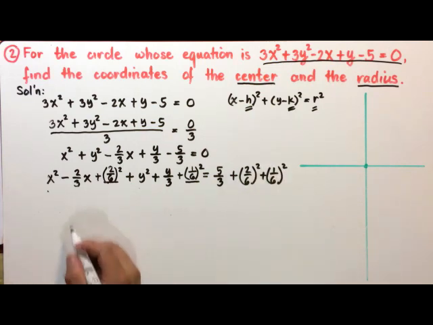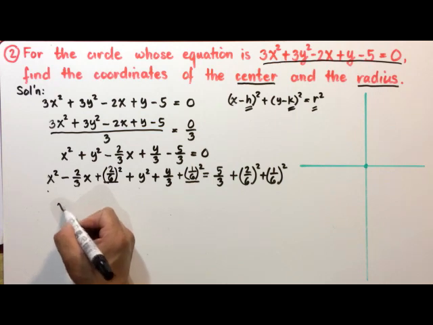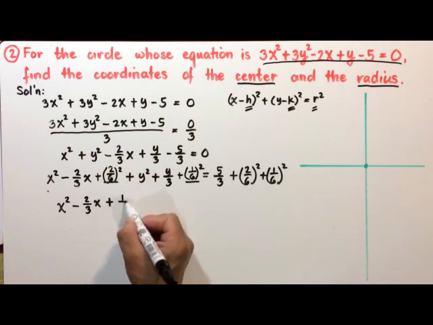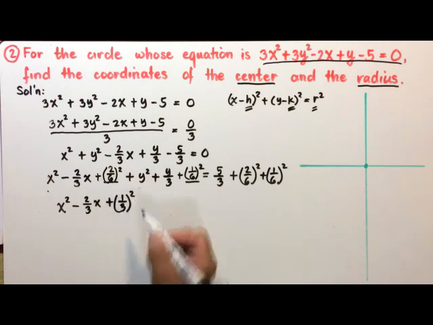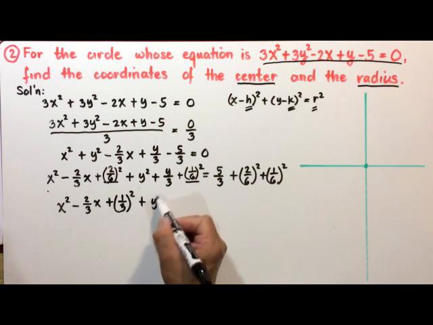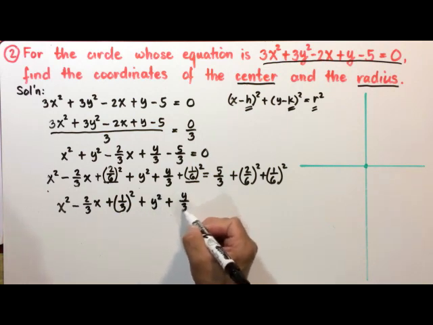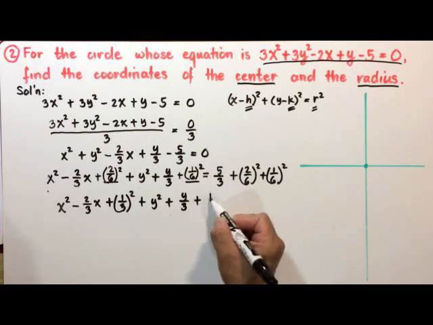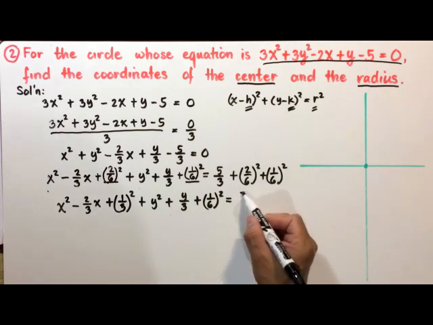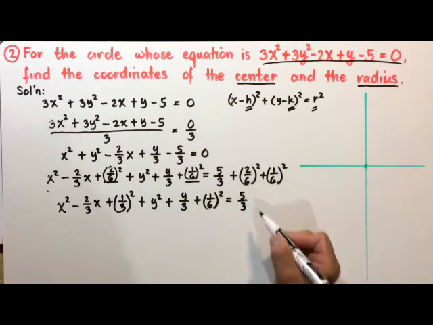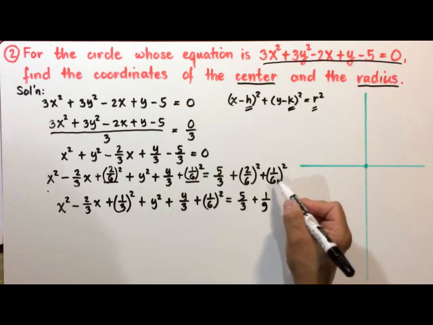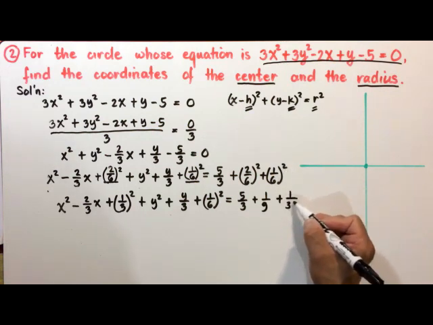So what I get is x squared minus 2/3 x plus, reducing 2/6 to 1/3, (1/3) squared, plus y squared plus y over 3 plus (1/6) squared, which is equal to 5/3 plus 1/9 plus 1/36, since 2/6 becomes 1/3 and 1/3 squared is 1/9, and 1/6 squared becomes 1/36.